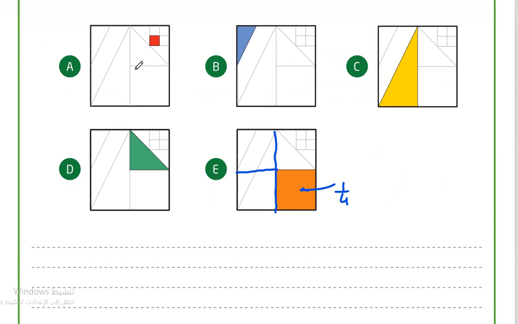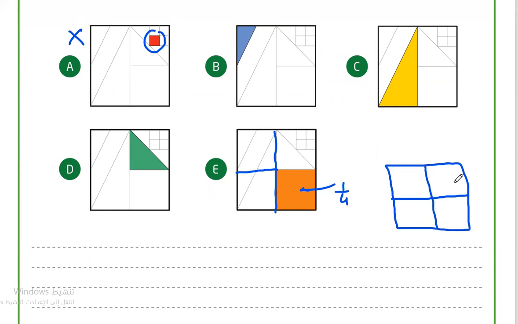Right. Yes. And this, I think, is the smallest one. No, this is not 1/8. So we can draw the square and divide it into 8 pieces, because we want 1/8. So we divide it into 8 pieces.